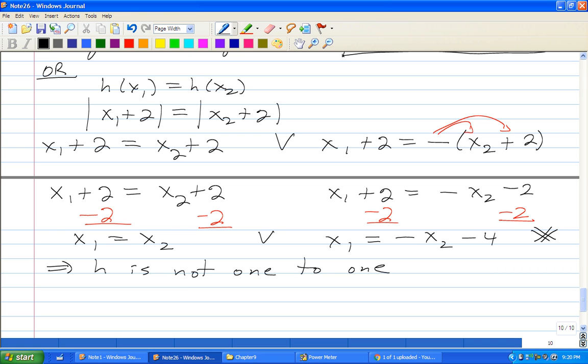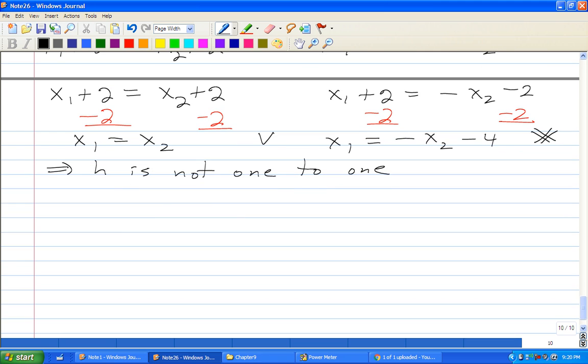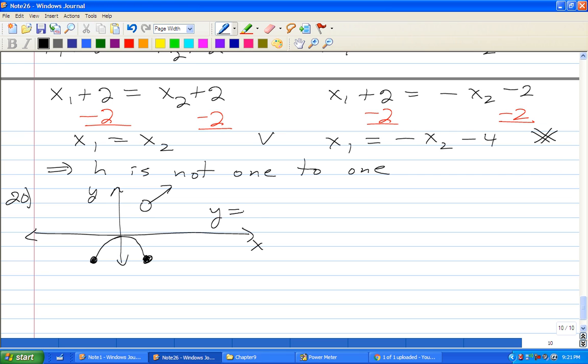Okay, let me do problem number 20. And so I have the following graph of the following curve. Okay. So this is the graph of y equals g of x.